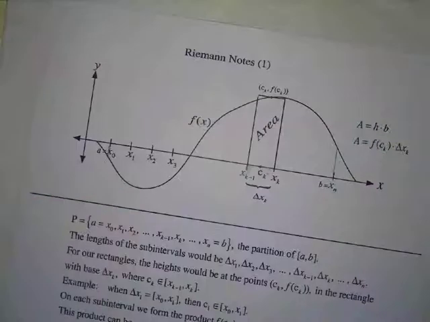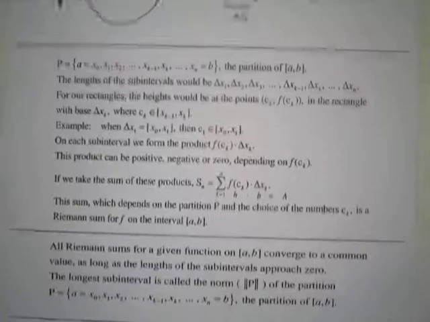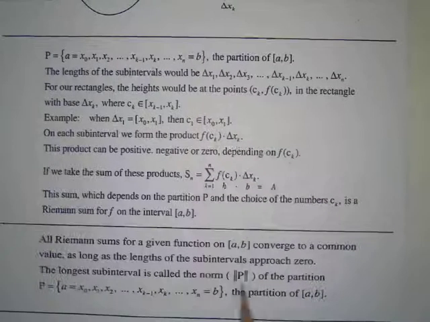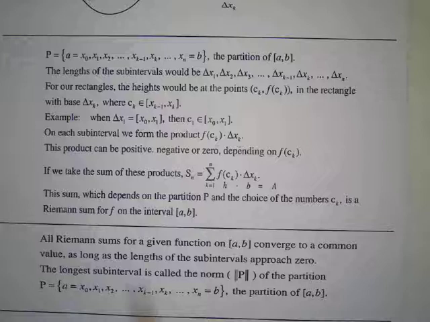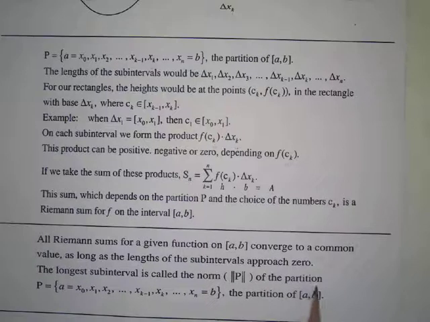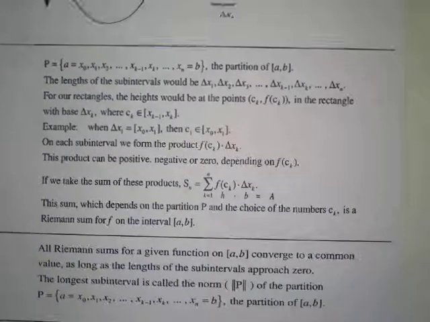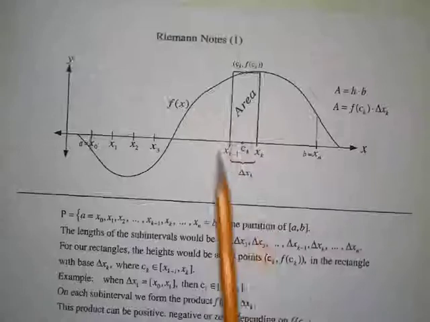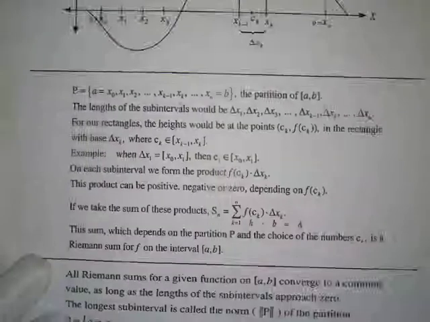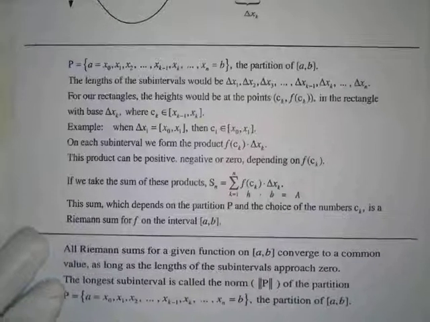Usually we make them the same when we're trying to do computations, but they can be different. But what we do is we call the length of the longest subinterval the norm of the partition, and this will be our partition P. And this is, again, how we set up these subintervals. So the biggest one of these is going to be called the norm. And we'll talk about that in just a second, what we do with that.